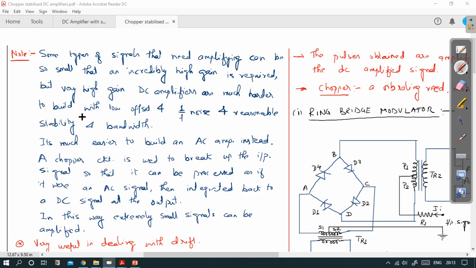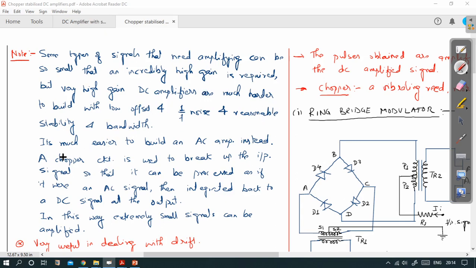It should also perform. It should have low offset, it should not amplify the noise part, it should provide the proper stability factor, and it should have a proper bandwidth also. Satisfying all these parameters for a DC amplifier is a tough task.